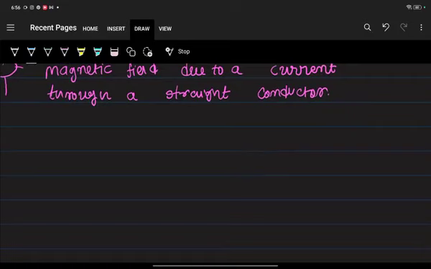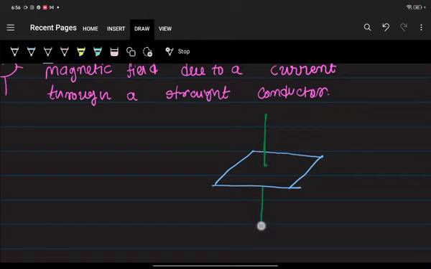So the experiment is simple. What you need to do is take a whiteboard. Make one hole and pass a wire through it, and connect it to the battery.